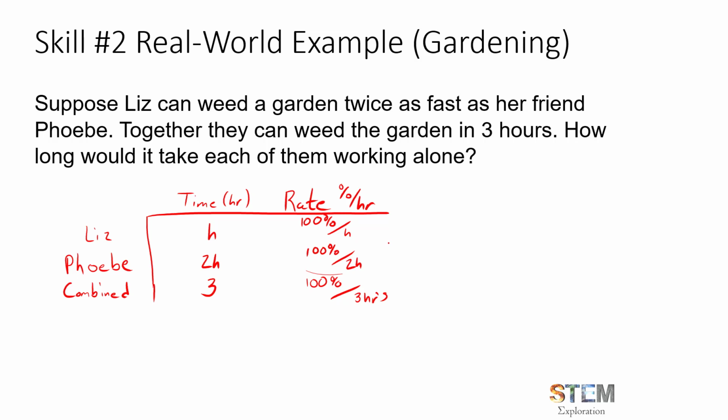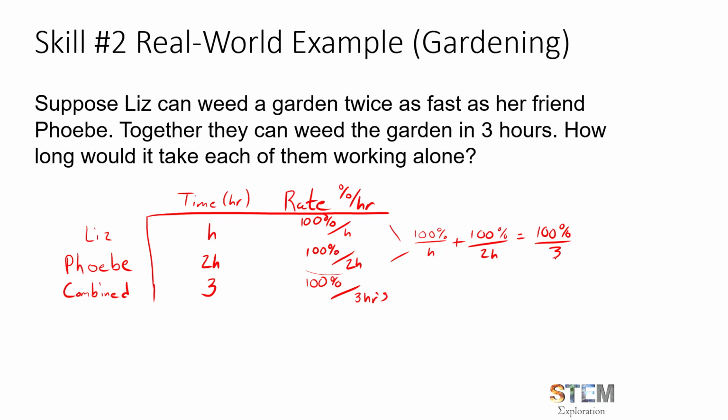So for example, with the rates, we can say that Liz's rate of 100% plus Phoebe's rate is equal to the total rate.